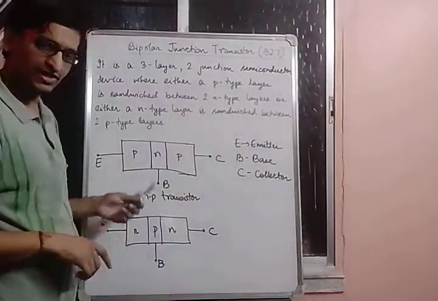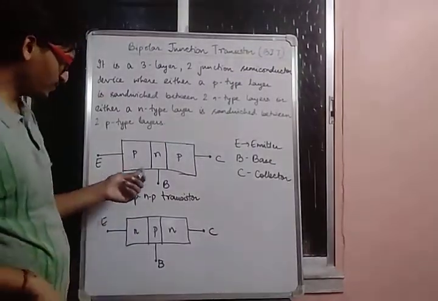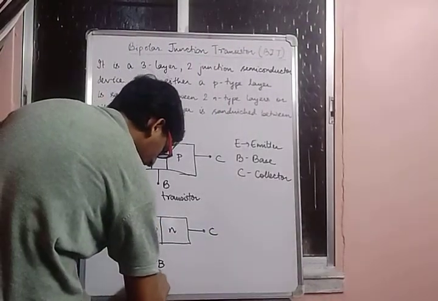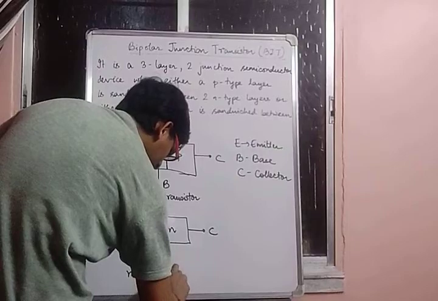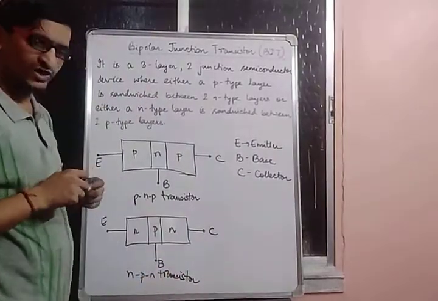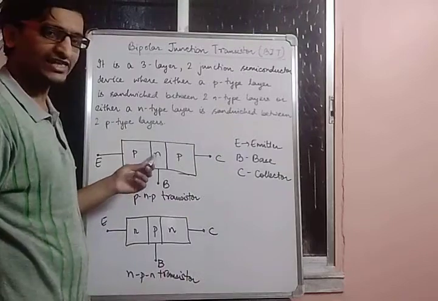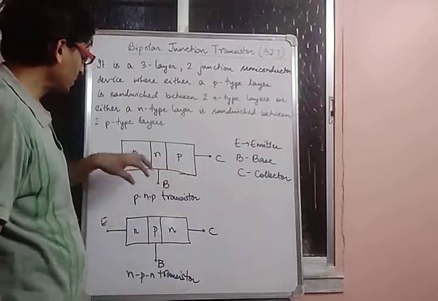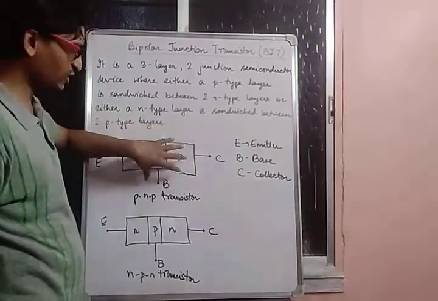So accordingly we have two types of transistors: one is the PNP transistor and the other is the NPN transistor. You can easily see from the diagram the representation of a BJT.